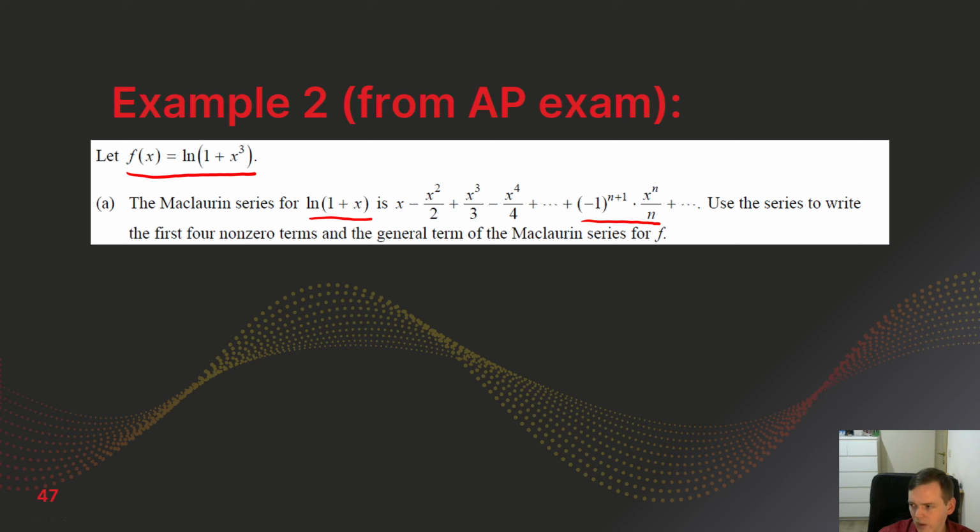So what we need to do here is basically figure out how these two expressions are related to each other. Because if I know that, then I can figure out what to change in my expression over here. And if we look, they're completely identical, but instead of x, I replace it with x cubed.